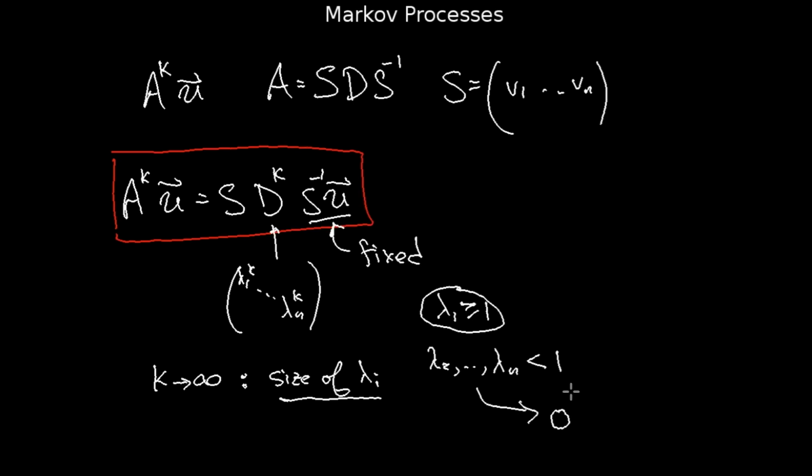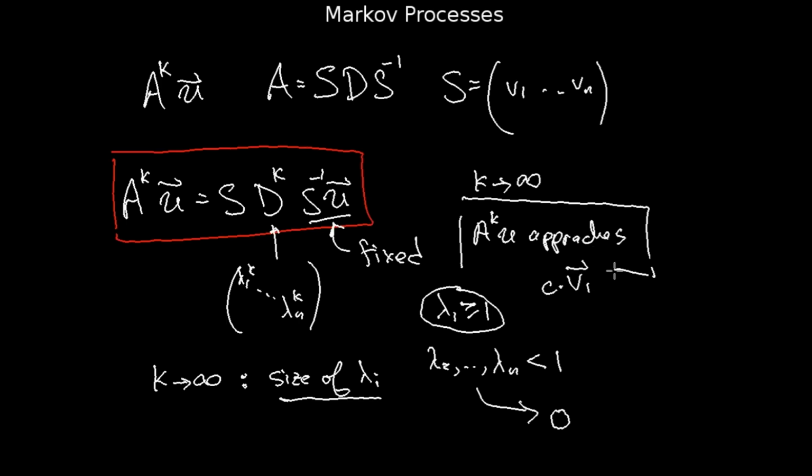And what you conclude is that as k goes to infinity, A to the k u approaches some multiple of the first eigenvector. All the other eigenvectors go away, and you approach this eigenvector out towards infinity. You're going further and further out, but the direction that you're going is in the direction of the largest eigenvalue.